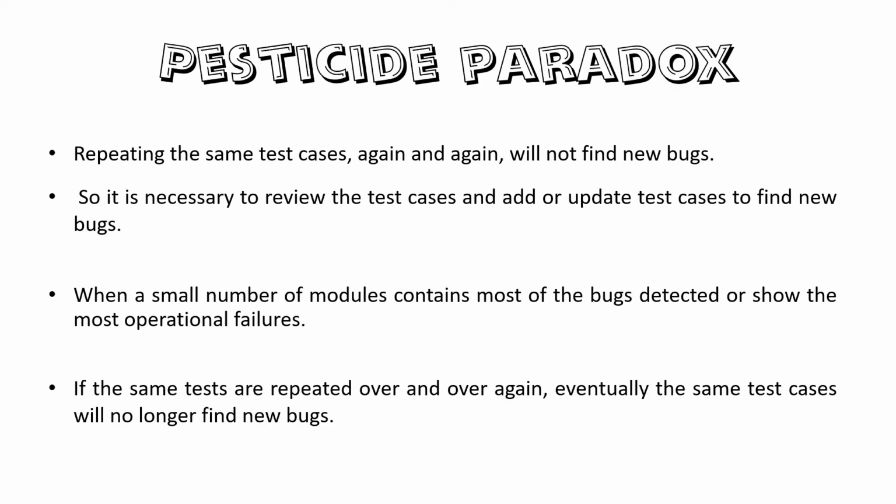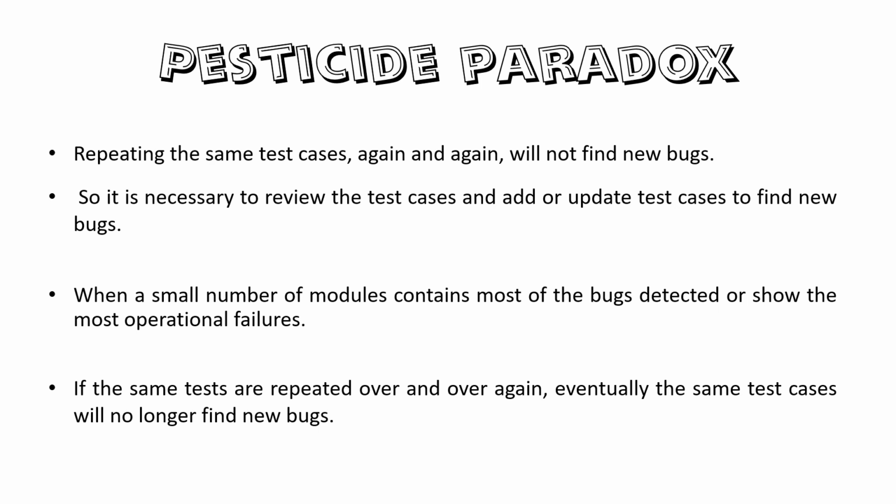The next one is pesticide paradox. We can imagine a bug as an insect and the test case as a fertilizer. When we apply that fertilizer repeatedly on that particular insect, the insect will not die and will start building immunity.